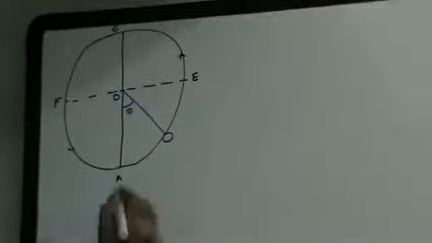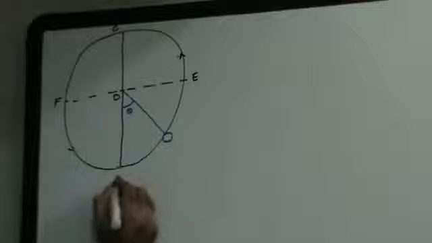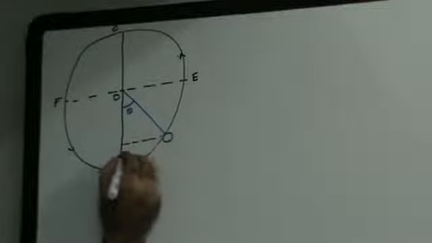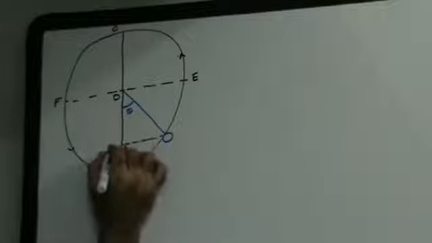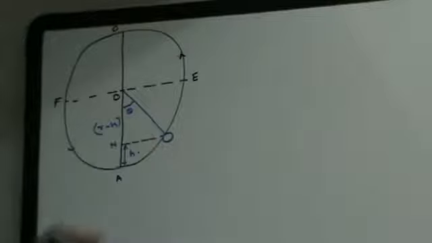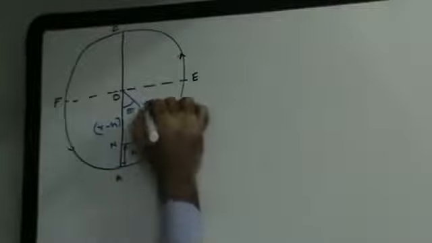Right? Now we know that this whole distance OA is radius. Let us assume that this distance, it has moved up by a distance of h. If this distance is h, then the distance ON will be r minus h, the total distance minus h. This is r, right?